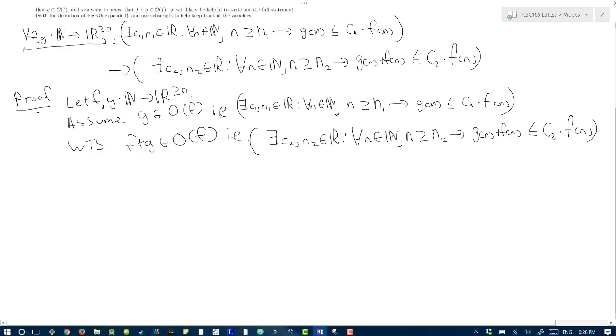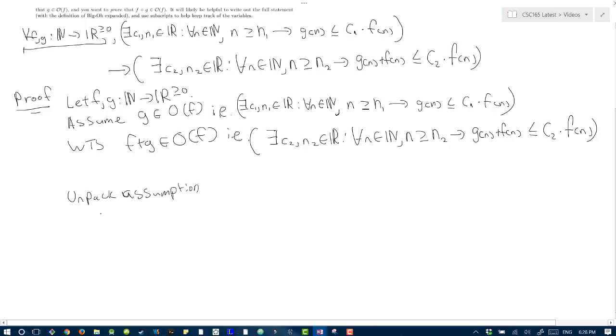Now we've assumed this. We have this statement and we know that there exist values such that this condition is true, but we don't necessarily have access to them yet. So let's first unpack the assumption.